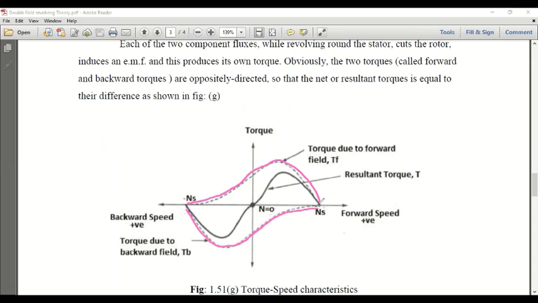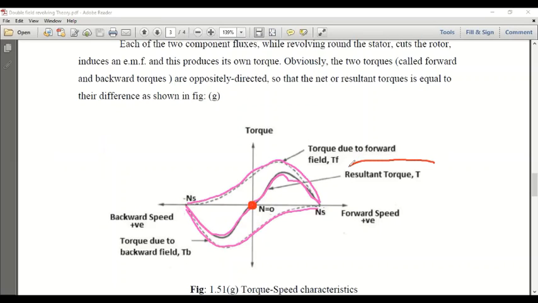If we superimpose these two, the resultant characteristic is this one. By superimposing both characteristics, if we observe at this instant, the resultant torque is 0.